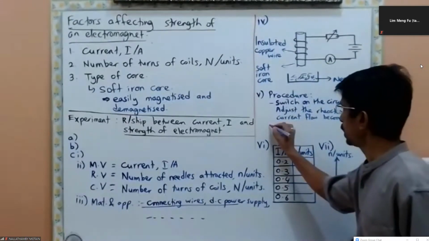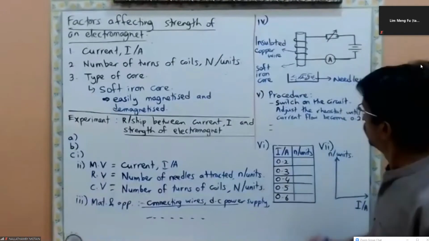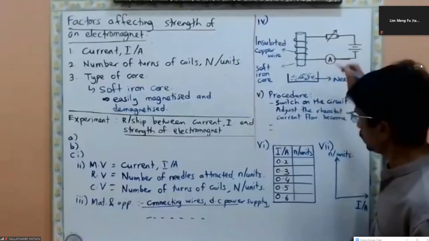The next one, sorry, not enough space. You already adjusted the current flow to 0.2 ampere.